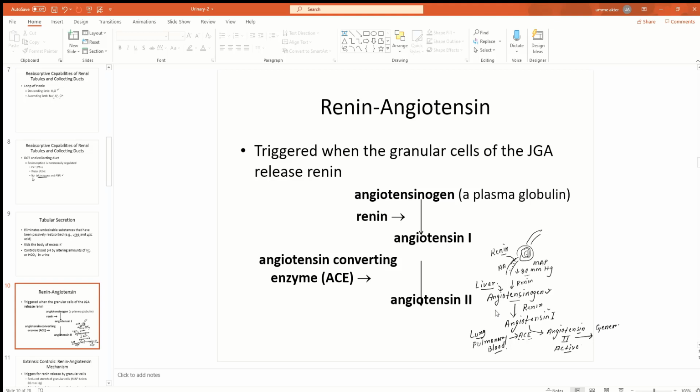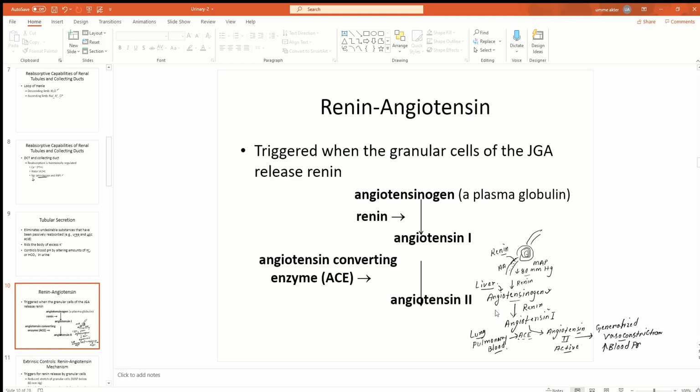That's why it is called generalized vasoconstriction. Constriction of the blood vessel. That means everywhere in the body the blood vessel will be constricted and that will increase the blood pressure. If blood vessels constrict, the pressure will go up.